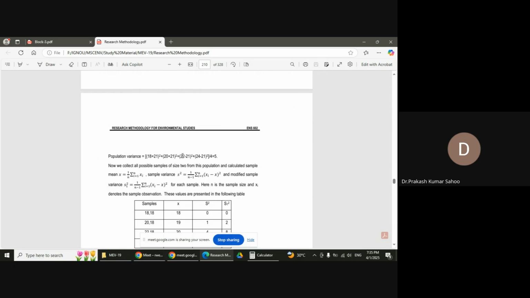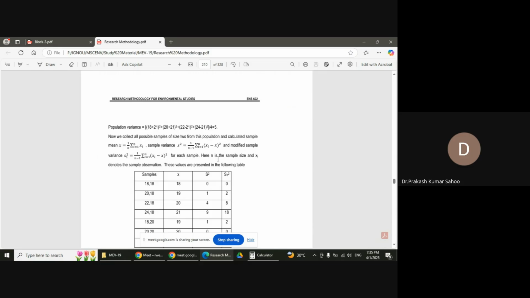So all these get squared, divided by 4, it becomes 5. Now we collect all possible samples of size 2 from this population and calculate the sample mean. The formula is this one: sample variance, that is s square, and modified sample variance, that is S1 square.